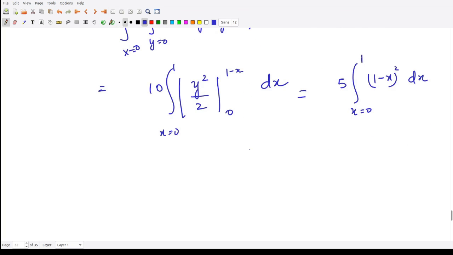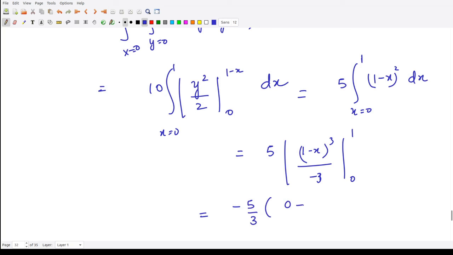When you perform this integration, it would be (1 minus x) whole cube divided by minus 3 in fact, and the limits of integration vary from 0 to 1. So you have minus 5 upon 3, and when you substitute the limits, it would be 0 minus 1. So the final answer is 5 by 3.